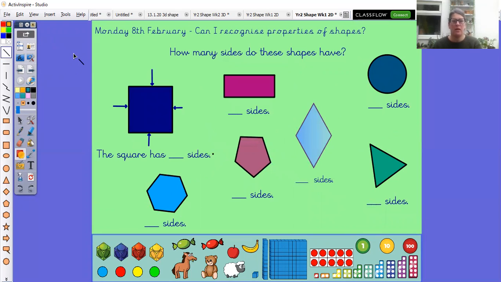Right. Now let's have a look. Can you recognize properties of shapes? Now, one of the properties is its sides. So we can say that a square has 1, 2, 3, 4 sides.